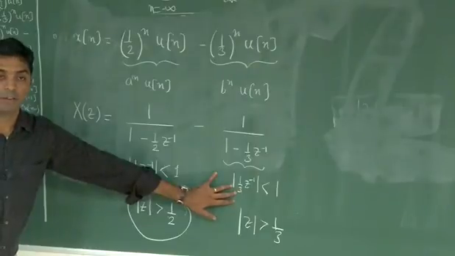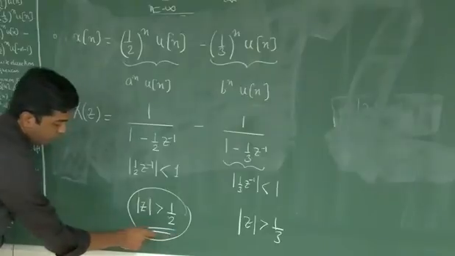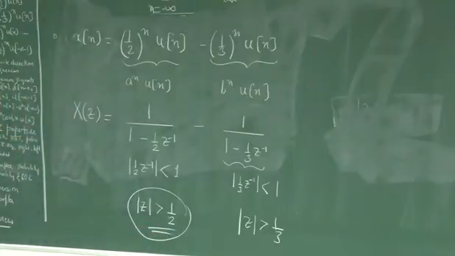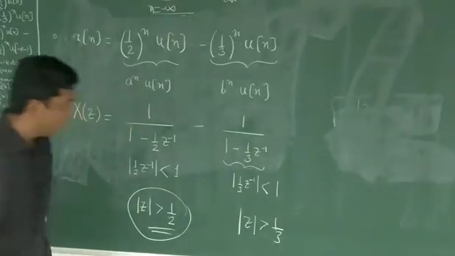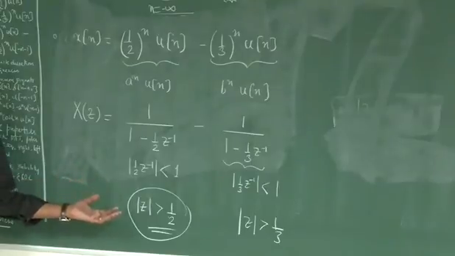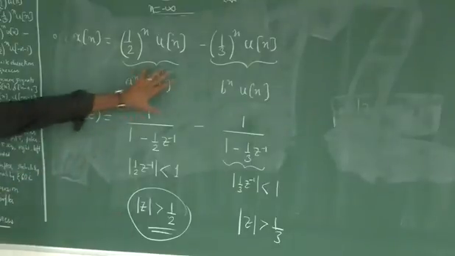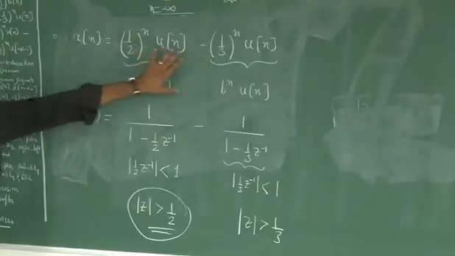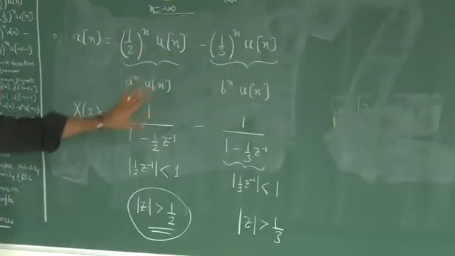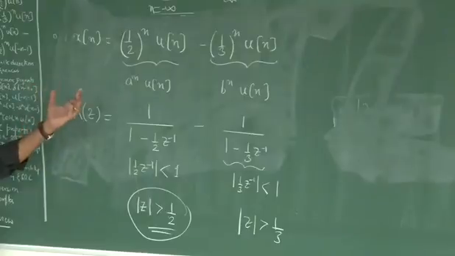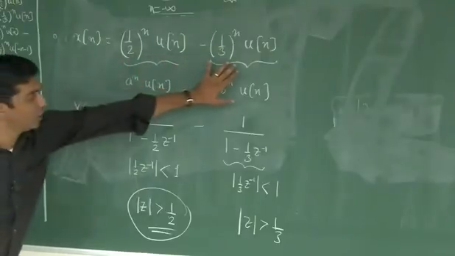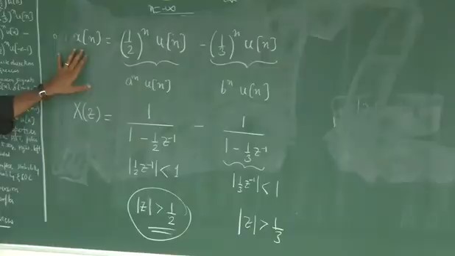So it means that my region of convergence is going to be Z greater than 1/2. Is that clear? Why this is the case? Right? Okay. So one of the key takeaways from this is that the ROC, when I have a linear combination of sequences like this, is going to be the intersection of the ROCs for each of the individual sequences that are present in my signal.